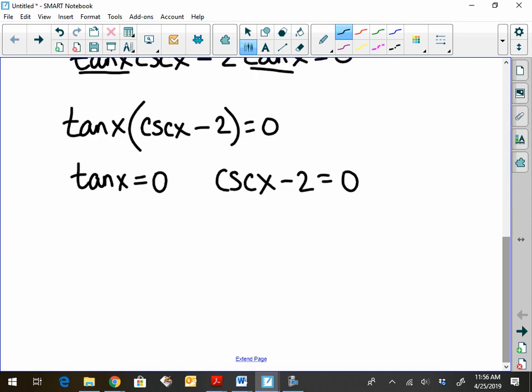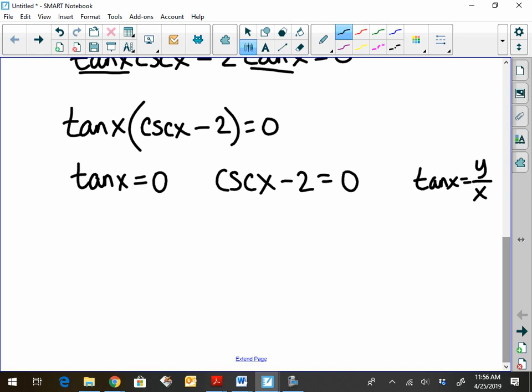Now tangent equals 0. Tangent again, we have tangent of x equals sine over cosine, so it's y over x. So looking at our unit circle, where do we get 0 rather than undefined? When we have 0 over 1 or 0 over negative 1.